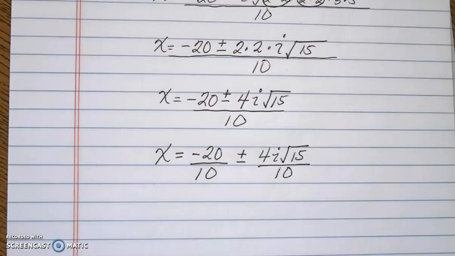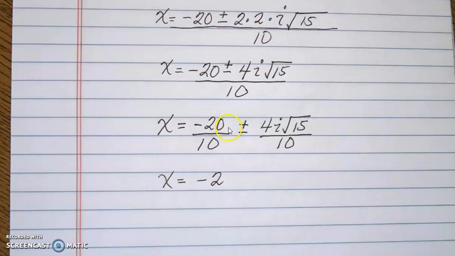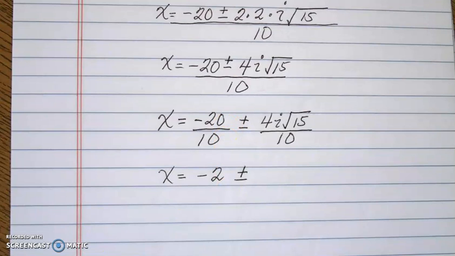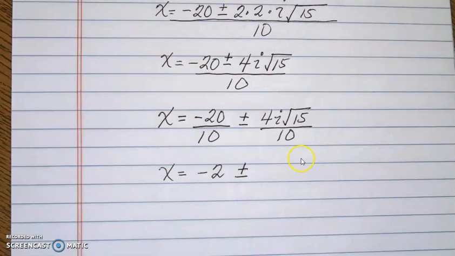And then now, you can further simplify. Negative 20 divided by positive 10 is a negative 2. Copy the sign plus or minus. And the greatest common factor of 4 and 10 is 2, and you're going to reduce this fraction by 2. So 4 divided by 2 is 2, and 10 divided by 2 is 5.